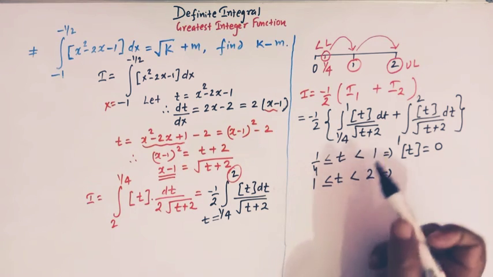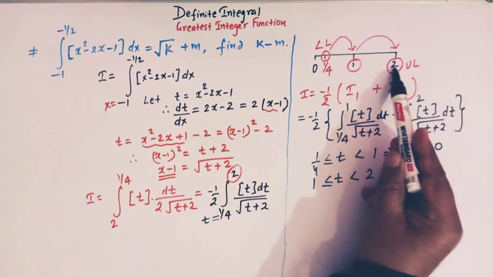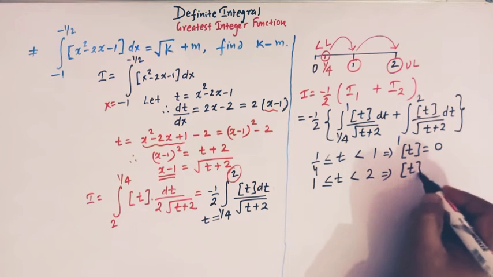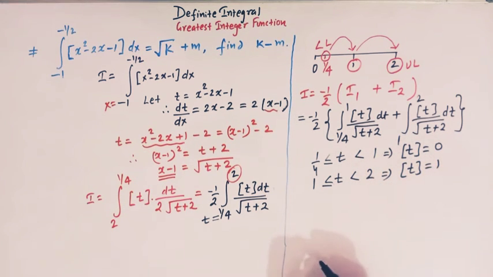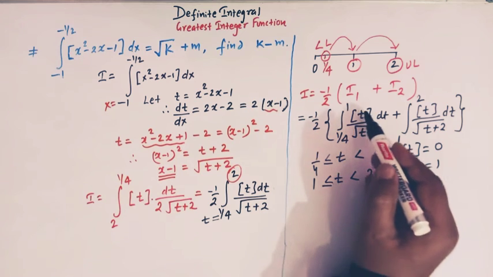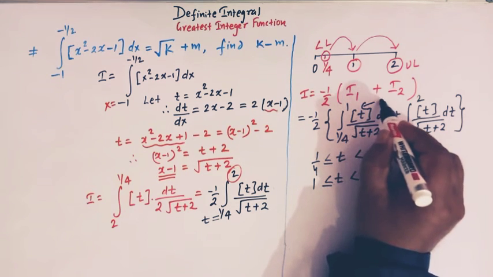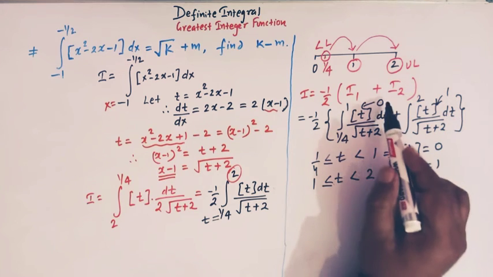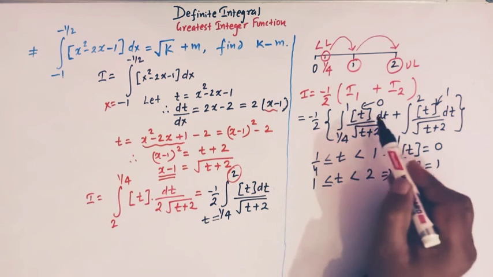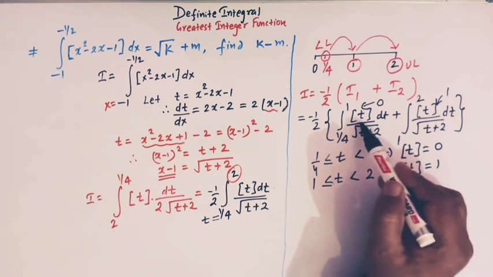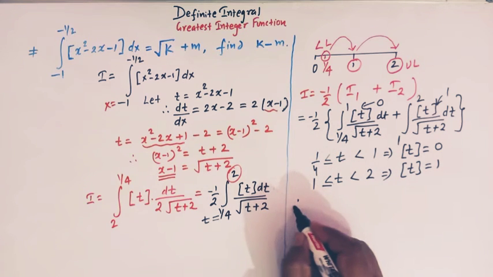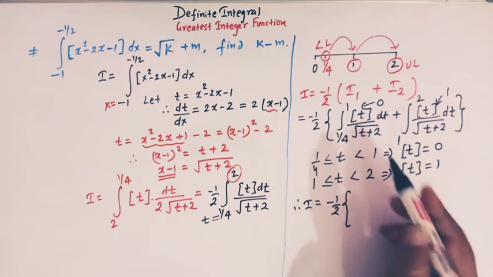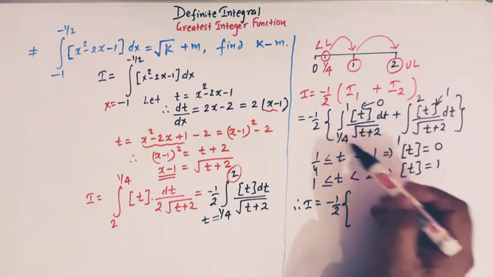And when t lies between 1 and 2, then the value of greatest integer t is equal to 1. So now here we can write 0, and here we can write 1. So this integral is now 0 because the integrand becomes 0.